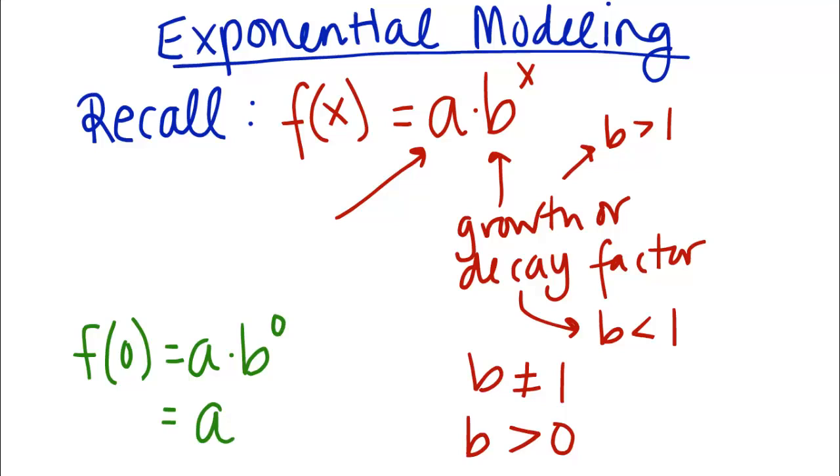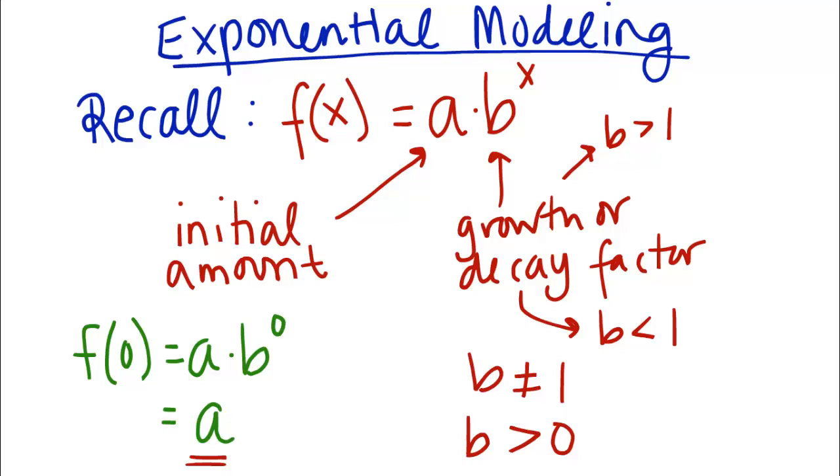So instead of calling it the y-intercept, because in this set of notes we're not going to be doing any graphing, we're just going to be talking about how we can model using equations, the real world meaning for that would be an initial amount. So at time 0, or when x equals 0, we have a things. So I'm going to call it the initial amount. And that'll become clear when we talk about some real-world scenarios.